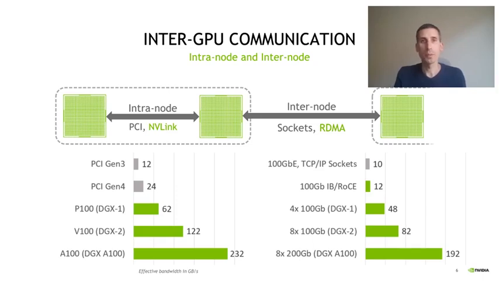But you won't be able to get more than 12 gigabytes per second. Moving to PCI Gen 4, you should be able to get twice that, 24 gigabytes per second at best. But even that is still way lower than what you would get on a platform with NVLink. And NVLink can get up to 230 gigabytes per second, which is almost 10x more than what PCI Gen 4 would provide on, say, an A100 GPU.